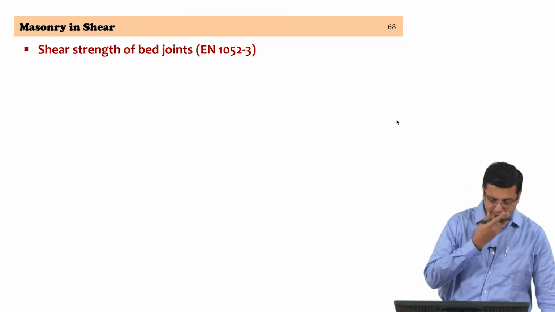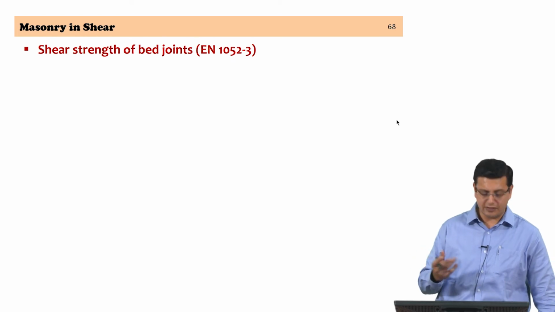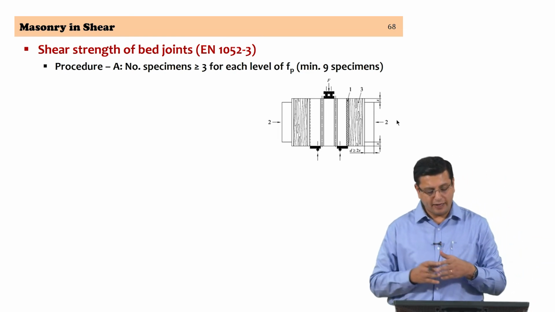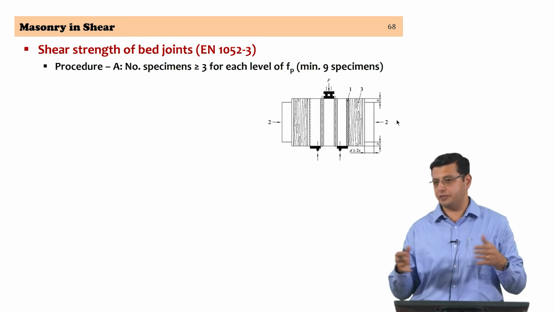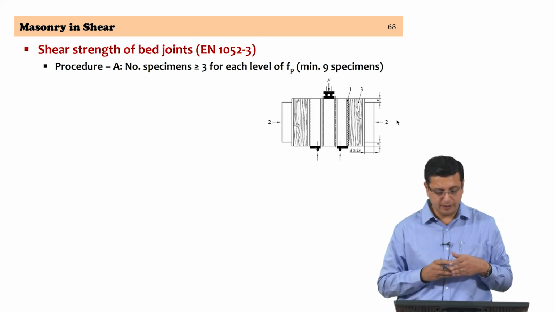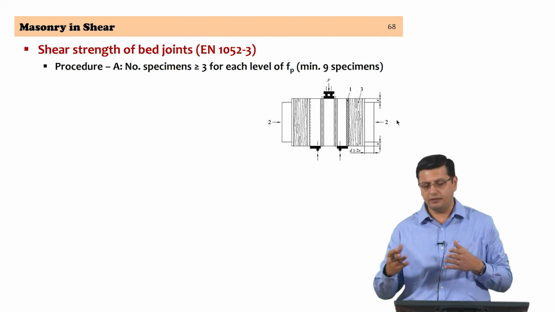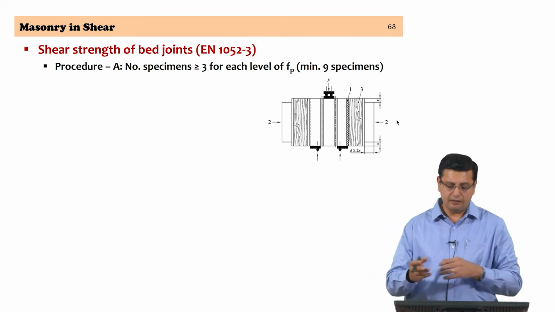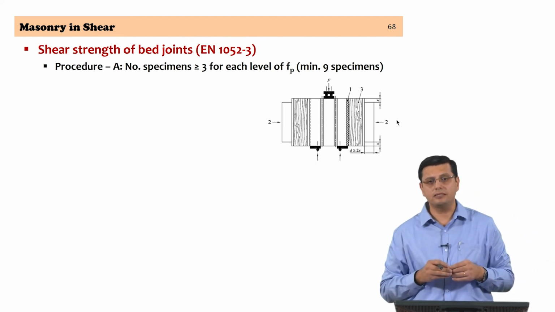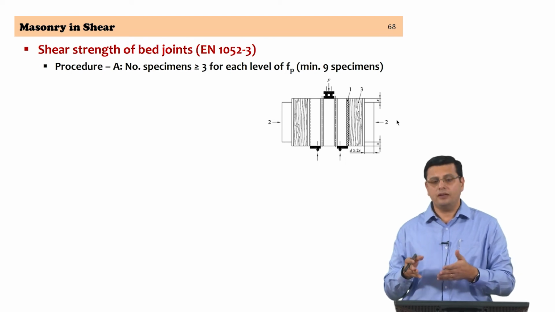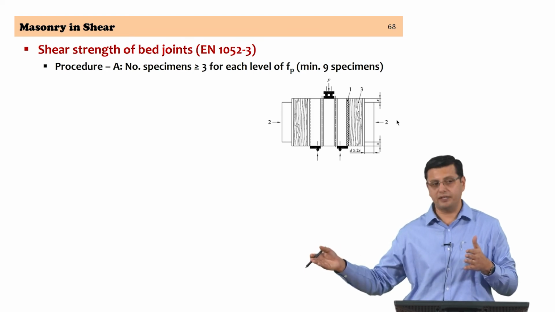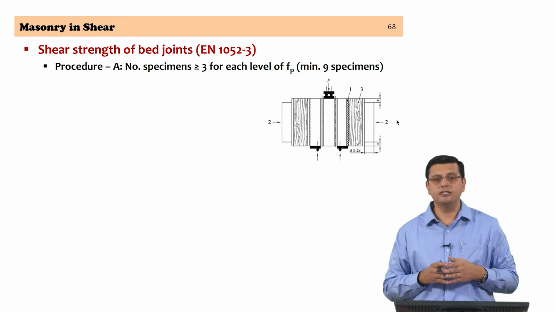So, the way this test is conducted, the code gives you a minimum number of samples that you must look at. It's expected that for every level of precompression, here denoted as FP, you have at least 3 specimens or more, right, and the repeatability of the test protocol and the outcome is the reason why you have a minimum number of samples that you must have in each of these levels, and therefore procedure A would require that you look at least 3 levels of precompression, and then you would have at least 9 specimens in all.